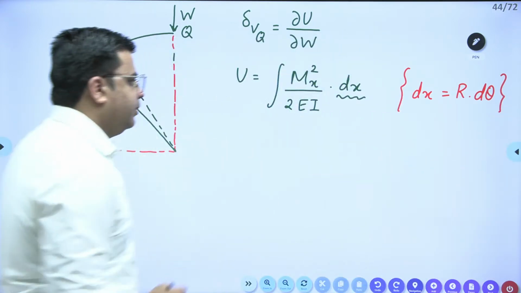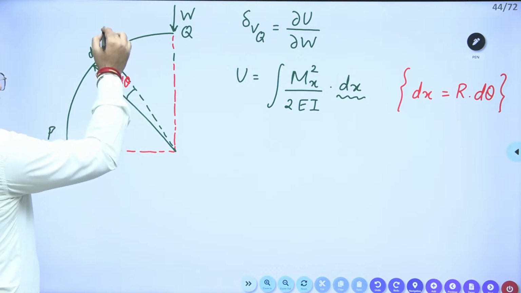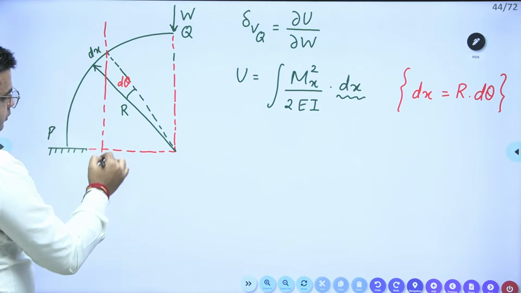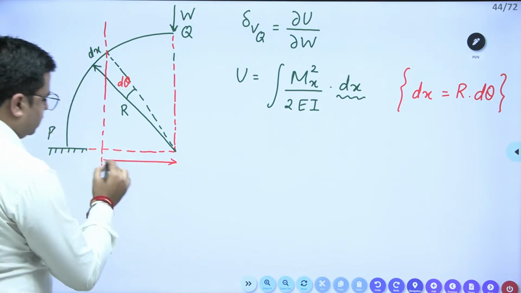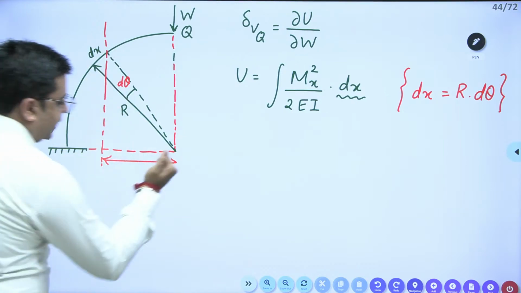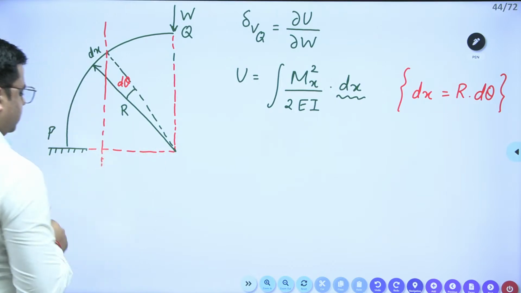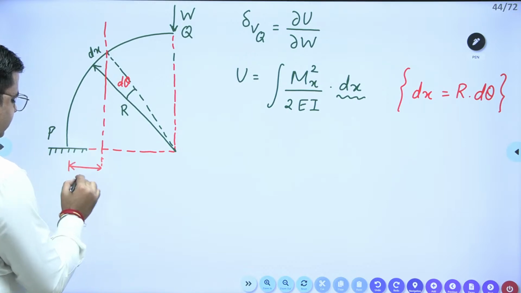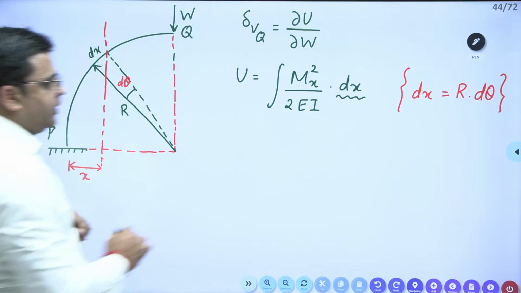This dx can be written as r into d theta. At this point, at any distance x, the moment can be calculated, right?